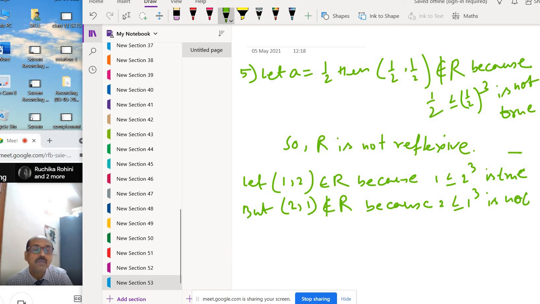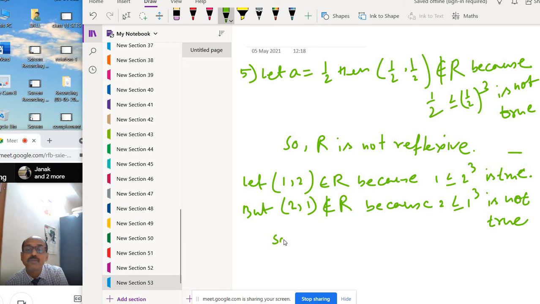So (2, 1) does not belong to R, because 2 less than or equal to 1 cube is not true. So (1, 2) belongs to R, but (2, 1) does not belong to R. So R is not symmetric.